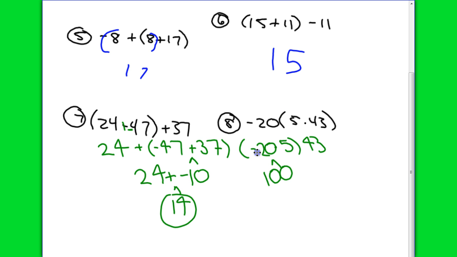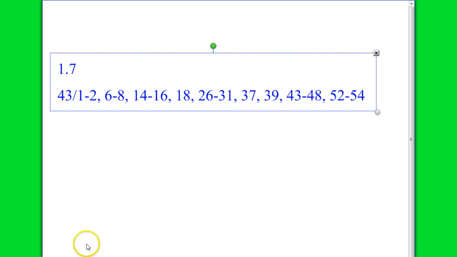Don't forget the negative though. One of them is negative, so we've got negative 100 times 43. And so your product is negative 4,300. Great. And there you go.